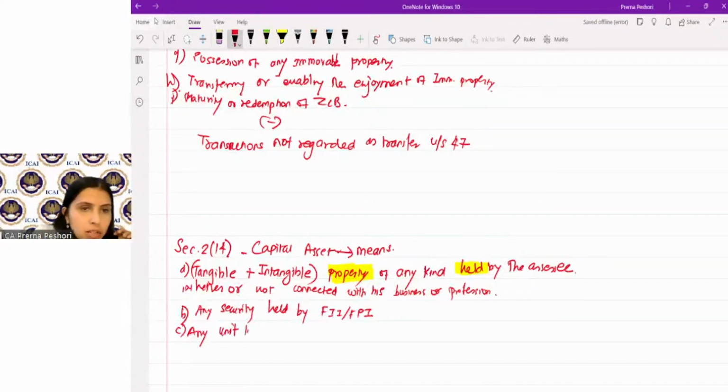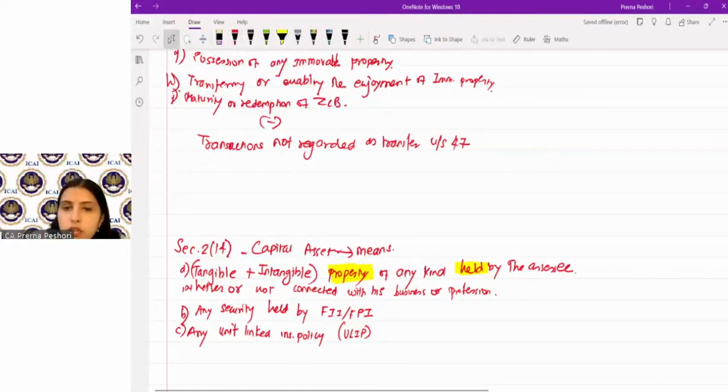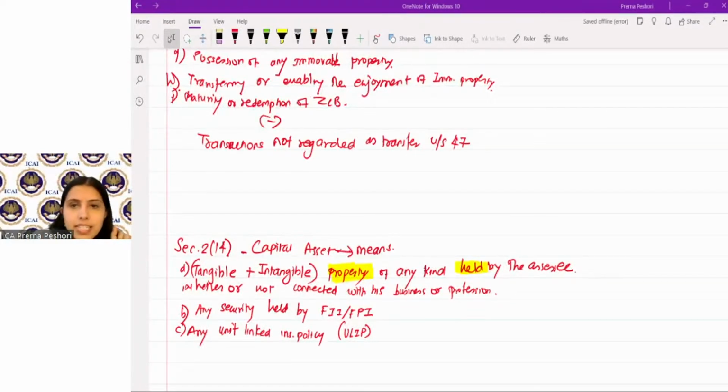Any unit linked insurance policy, ULIP, which is issued on or after 1/4/2021, to which exemption under section 10(10D) does not apply.